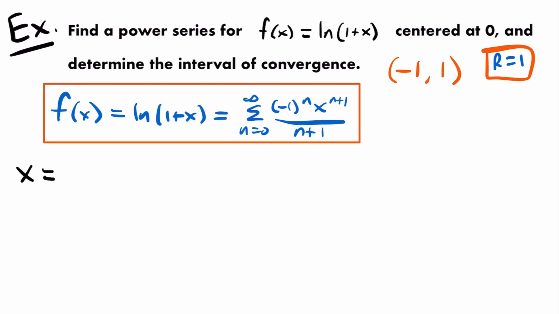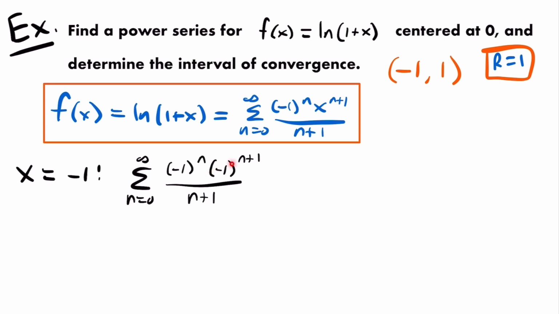When x is equal to -1, our power series will look like this. We have the sum from n equals 0 to infinity of (-1)^n times (-1)^(n+1) divided by n plus 1. We just replaced this x with -1. And now we have (-1)^n and (-1)^(n+1) in the numerator. So we can actually combine those exponents, right?